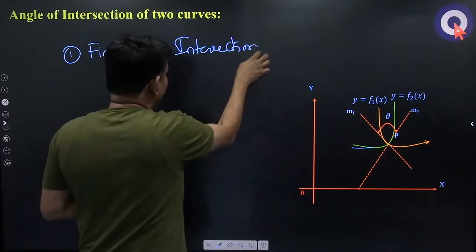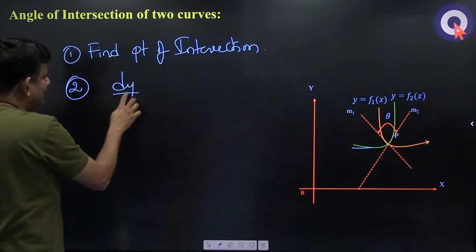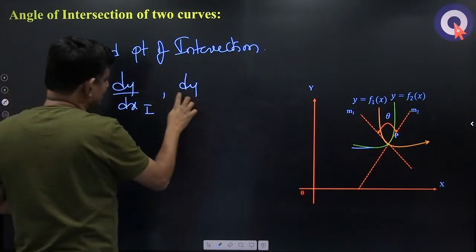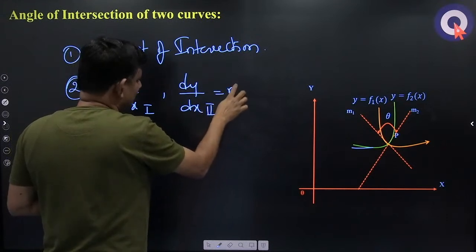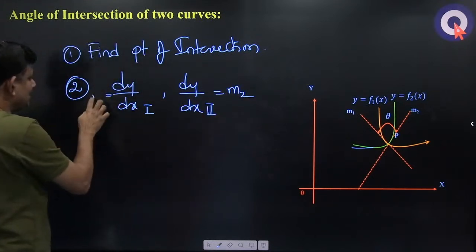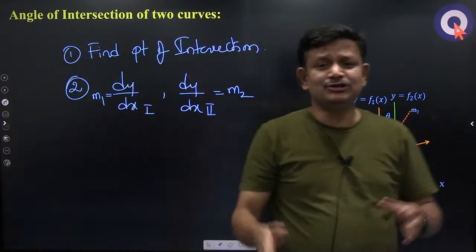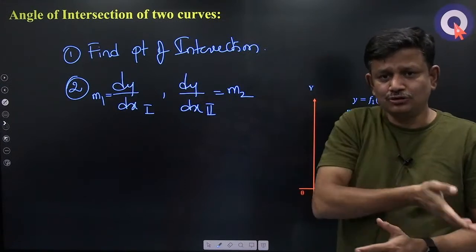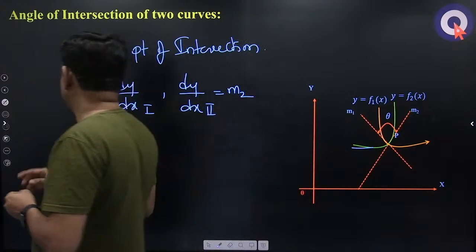Once you found the point of intersection, at that point, find dy by dx for the first curve and dy by dx for the second curve. Let one of them be called m2, other one be m1. So m1 slope of the tangent at the point of intersection is known to you. M2 slope of the tangent to the second curve at again point of intersection is known to you.